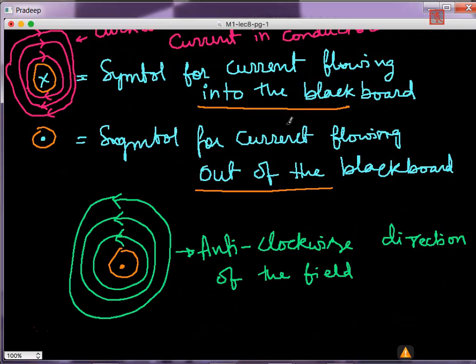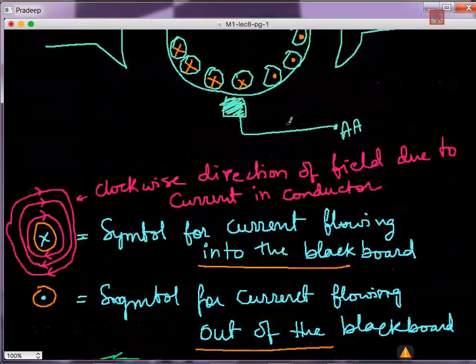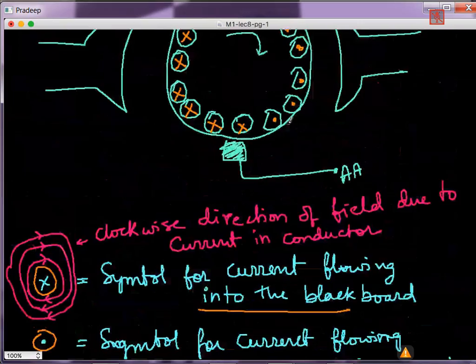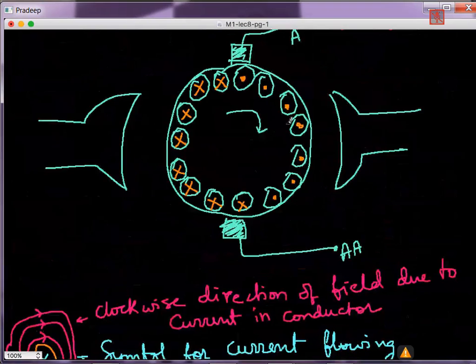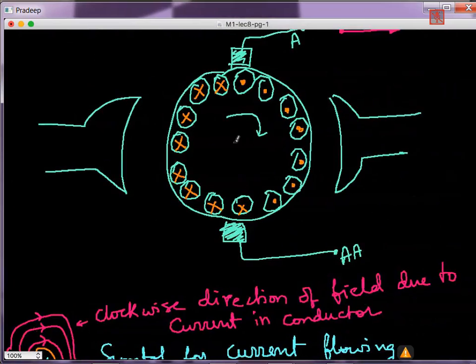Now understanding this, if I go back here, all these cross conductors are placed nearby each other, and all these dot conductors are placed nearby each other. So there will be a combined magnetic field because of the armature. Let me draw that. The magnetic field because of the armature will look something like this.